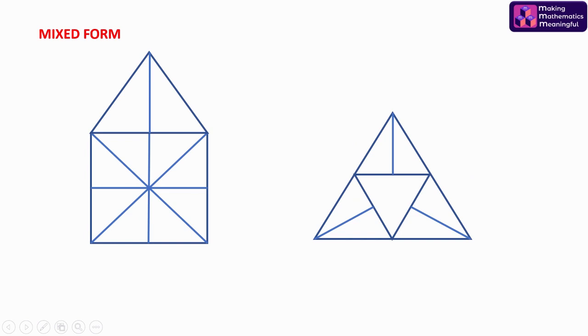Now let's consider finally some of the mixed forms, combining whatever forms we have learned so far. In this first figure we can easily observe one of the possibilities from the triangular shape above, which will give rise to 1 plus 2 triangles, and at the bottom we have a square wherein we can write 1, 2, 3, 4, 5, 6, 7, 8.